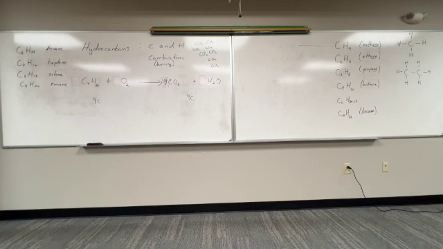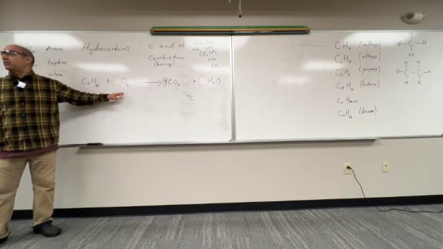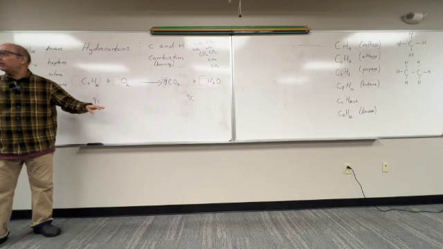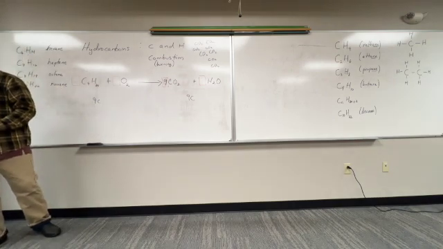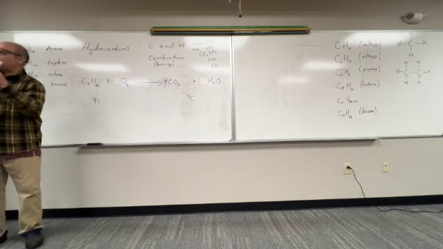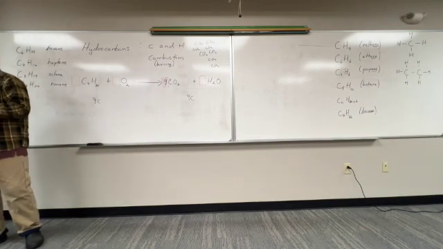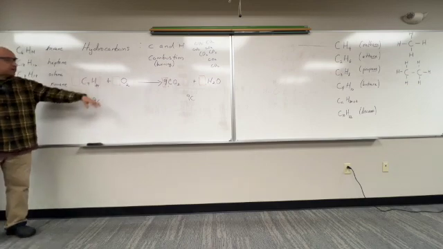Now here's the thing. There's only one way of doing these problems, and that is by trying something, and if it works, it works. If it doesn't work, you have to try something else. It's called trial and error. You're going to be making mistakes, and you're going to fix them until you get to the right answer. It may take you 5 minutes, or it may take you 1 minute, depending on how complex the reaction is.